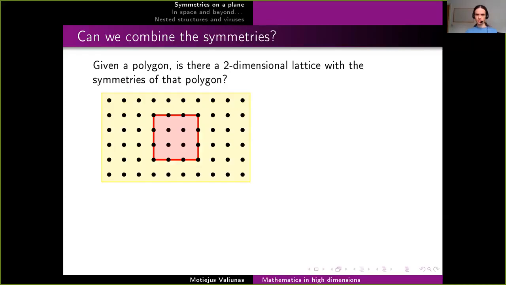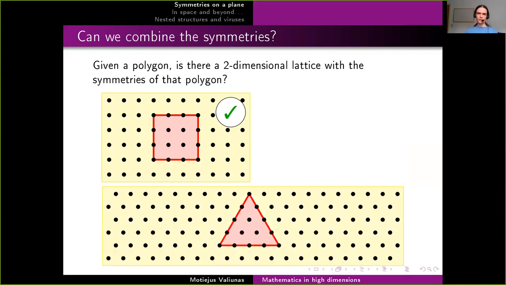As we saw before, we have the grid like this, which is a square grid, and it has the same symmetries as a square, so we can also flip it over and it doesn't change. We can rotate it by 90 degrees and it doesn't change. So for a square, we can combine these symmetries. For a triangle, again, we saw the other grid, and we can rotate it now by 120 degrees, 1/3 of the turn, or we can flip it over, and again, it doesn't change.